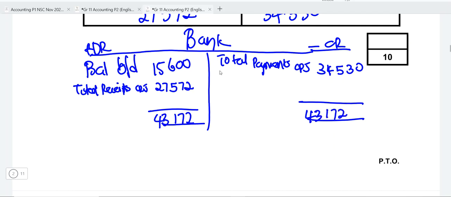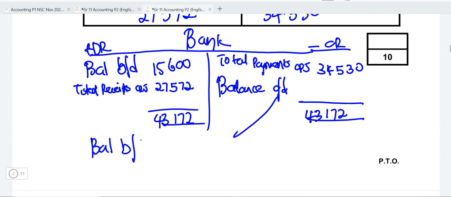But what is known to us is that these two sides are not the same. You can see this is more than this. This is 34, this is 43. So obviously we'd have a balance carried down, okay, which will become a balance brought down for the 1st of July, because we are in the month of June.